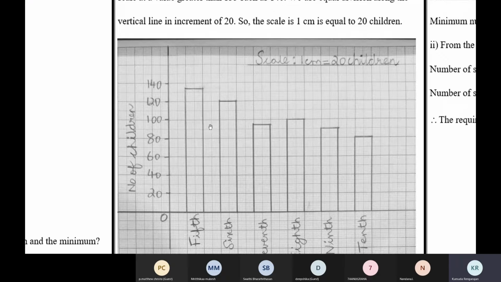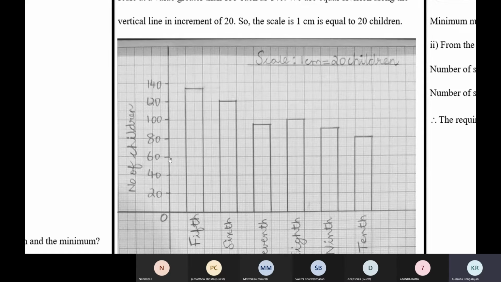So the scale is 1 centimeter equal to 20 children. Always divide the scale by 10. Whatever scale you've chosen, always divide by 10. 20 by 10, you get 2.